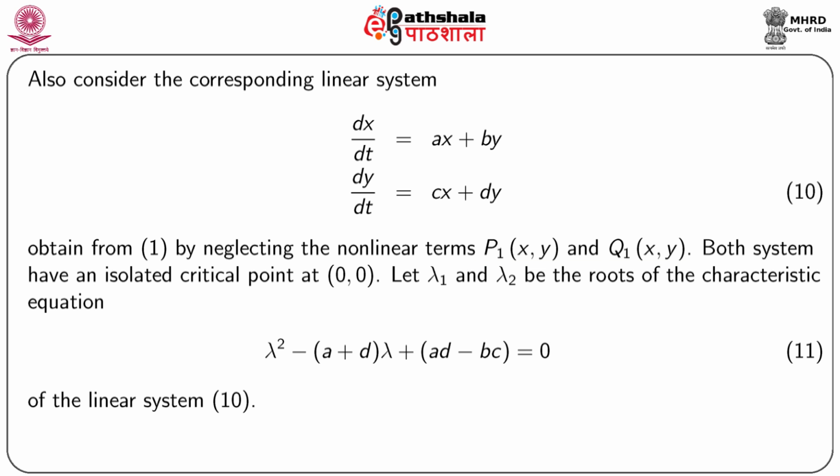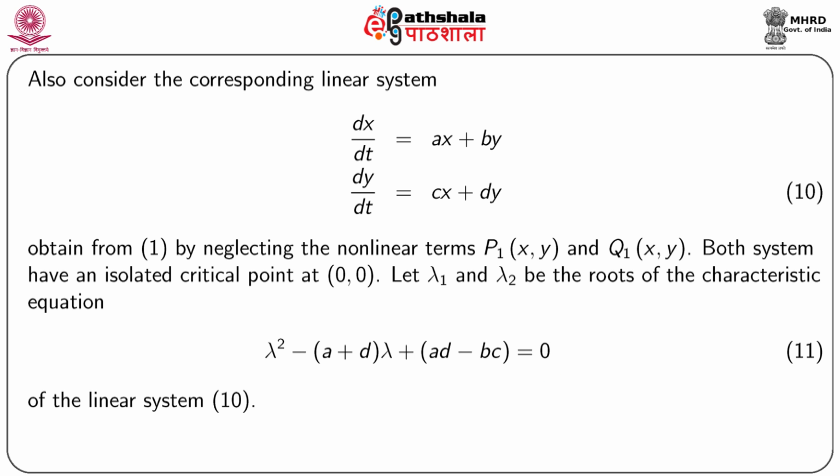It can be easily seen that both systems have an isolated critical point (0,0), and let lambda 1 and lambda 2 be the roots of the characteristic equation lambda squared minus (a + d) lambda plus (ad - bc) equals 0 of the linear system 10.